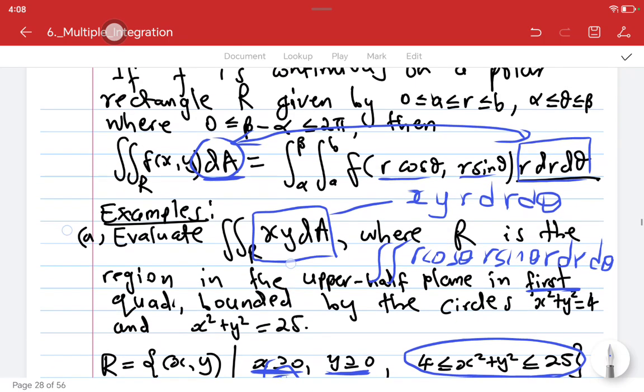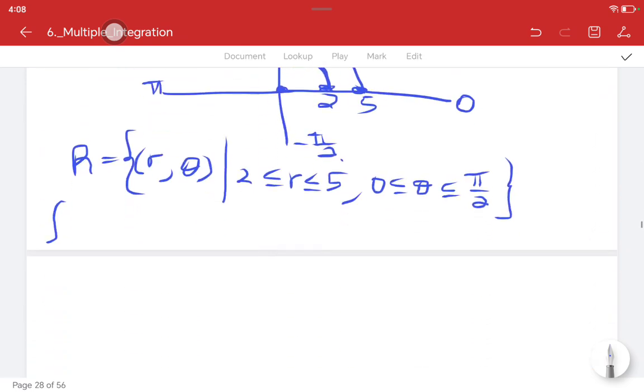The integral said that it is the double integral over region R of xy dA, and already we found these. The angle will always be outside. R should always be inside. So the angle will always be the one to start, and then R will always be inside.